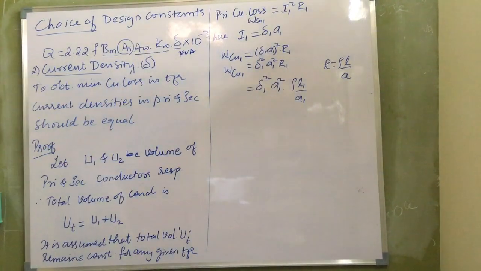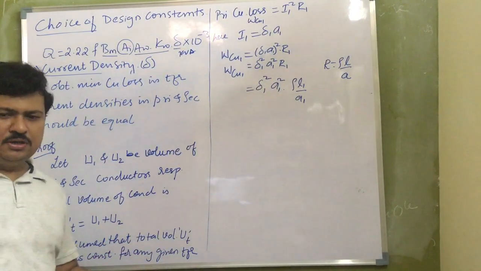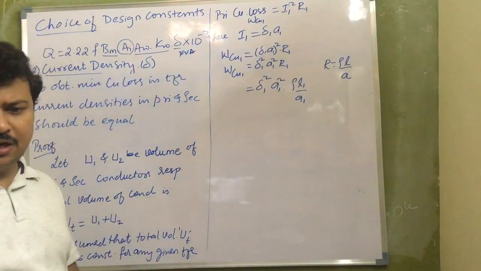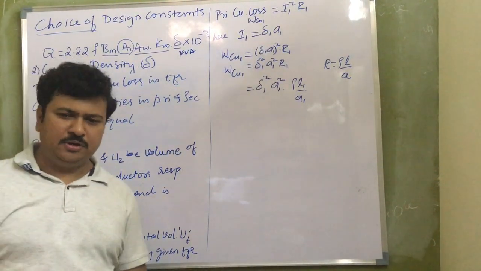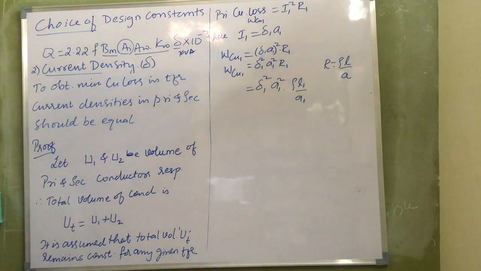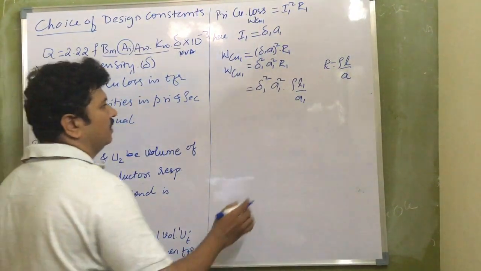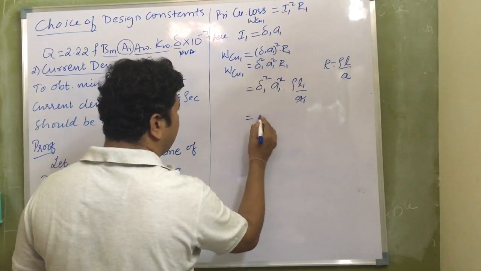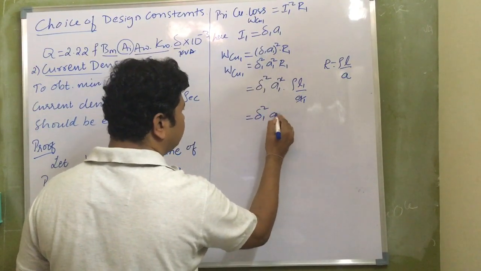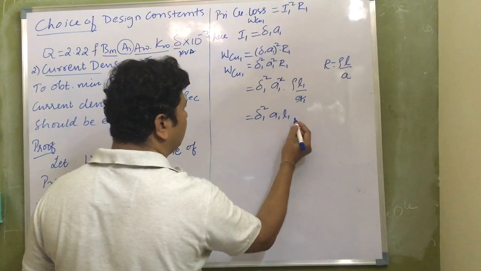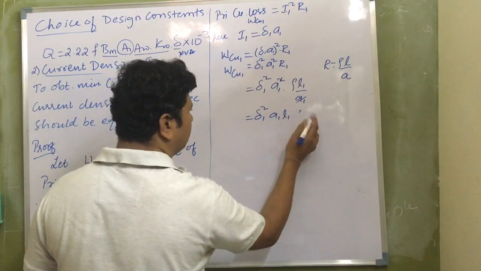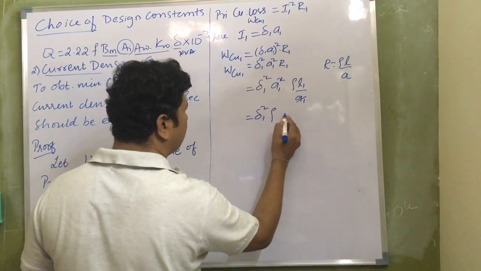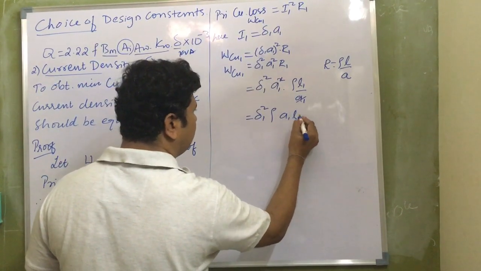Rho is the resistivity. The material I will be using in primary is the same I will be using in secondary, assuming that both primary and secondary are of either copper or aluminum. Therefore the resistivity will remain the same. So in rho L1 by A1, the A1 and A1 will cancel. I will get delta 1 square rho A1 into L1.